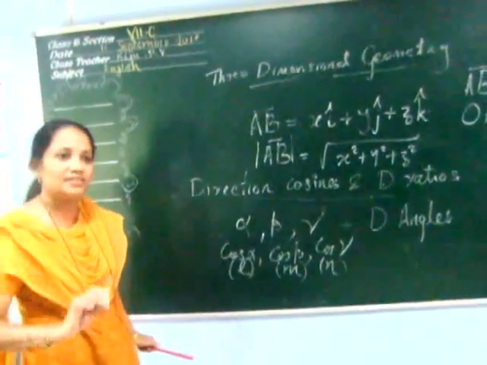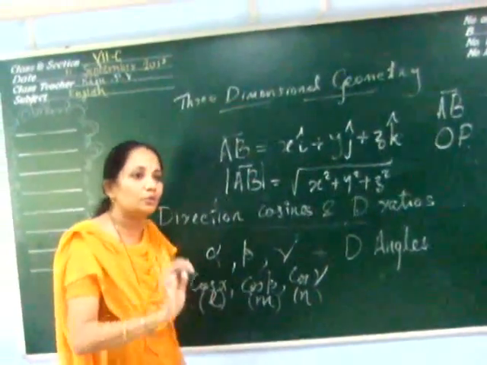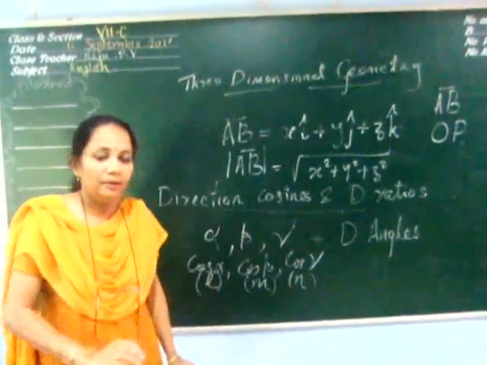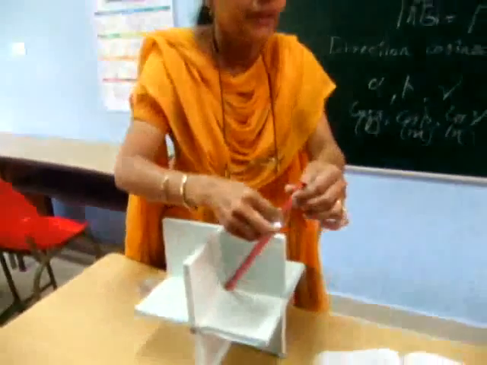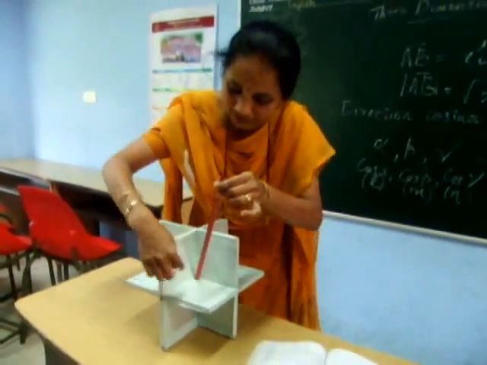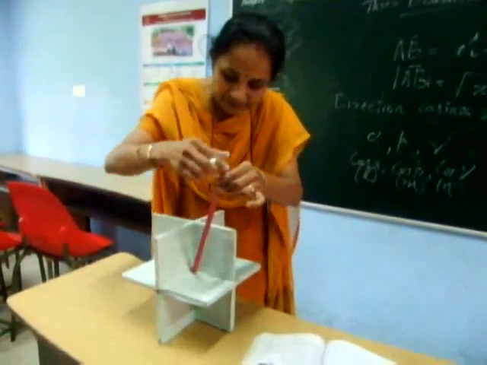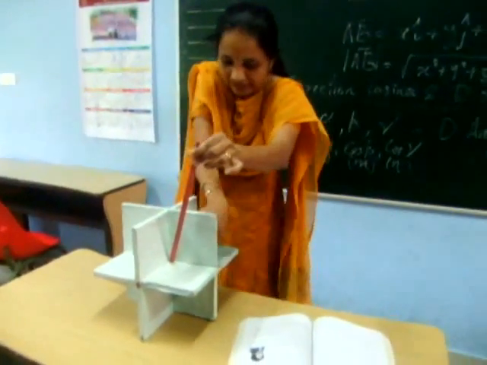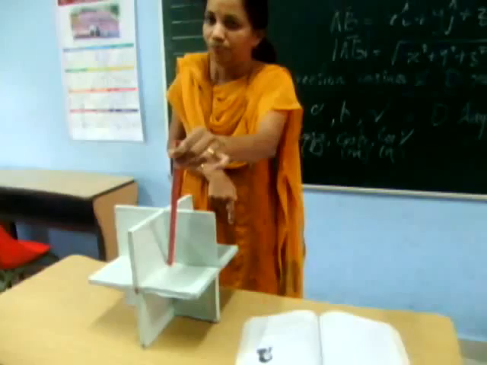We consider the direction cosines to be unique for a given line. But you can see that here, for a simple line, let us consider this as the x-axis. Just imagine the other side, the negative direction of x-axis also.